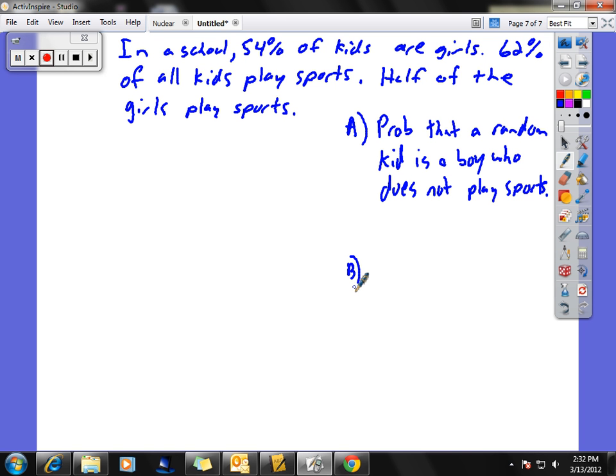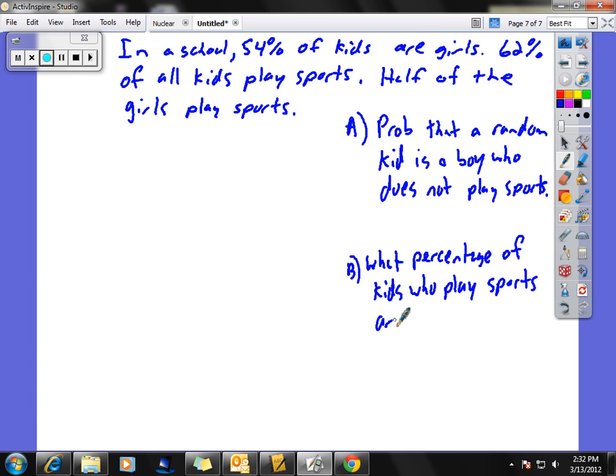We're just going to do a couple here. What percentage of kids who play sports are boys? Okay. So now, if you just read this, 54% of kids are girls, 62% of all kids play sports, half the girls play sports, and then you ask for the probability that a random kid is a boy who does not play sports.